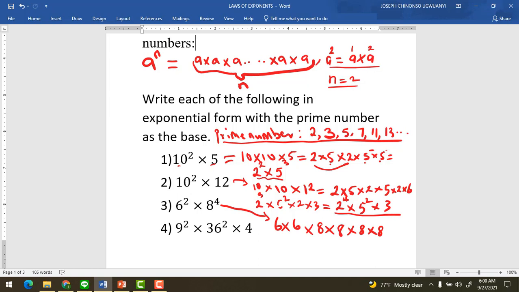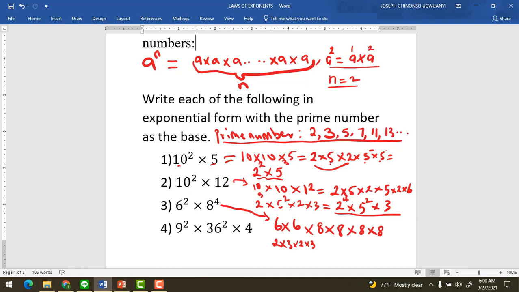So we have to make them prime numbers. So we have 2 times 3 times 2 times 3. That's for 6 and 6. Now we have 8.